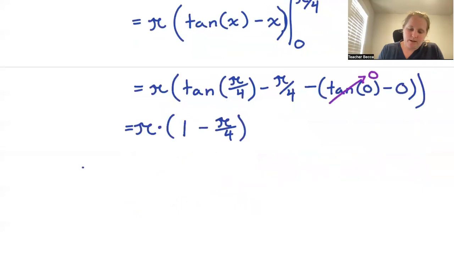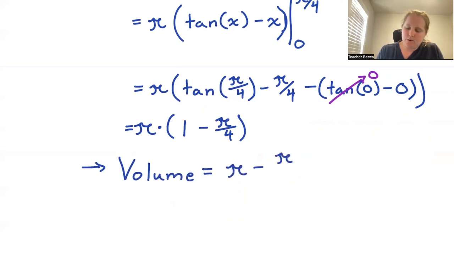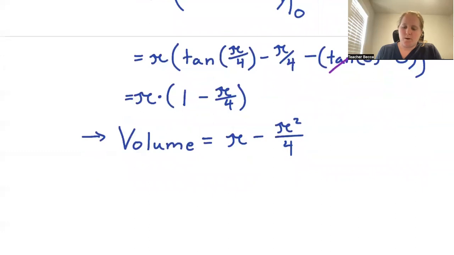And so we wind up getting that our volume is pi minus pi squared over 4, or 4 pi minus pi squared all over 4.